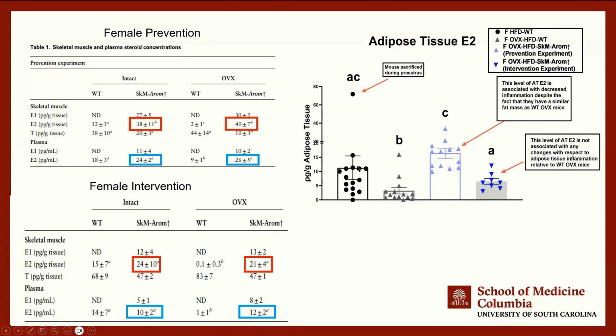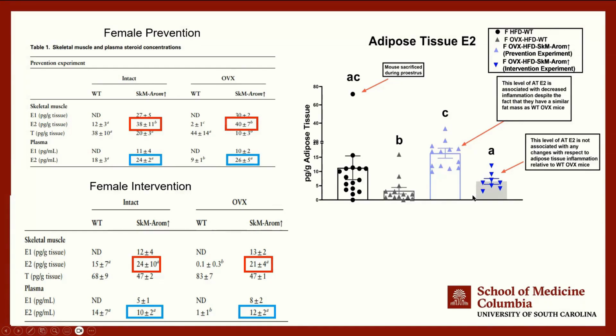Okay. Here's the OVX. It's about 2.5 picograms or lower per gram of tissue. And here's our prevention level. Okay. And here is our intervention level in the adipose tissue. So this suggests that this level of E2 was sufficient to reduce inflammation, but this level was not.